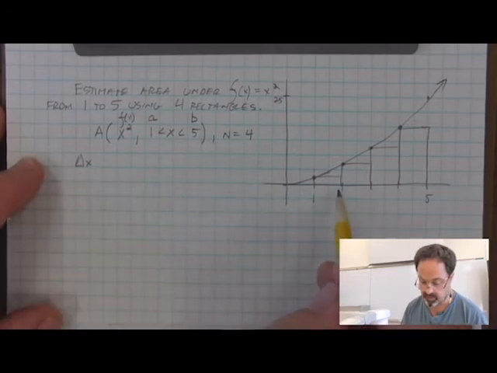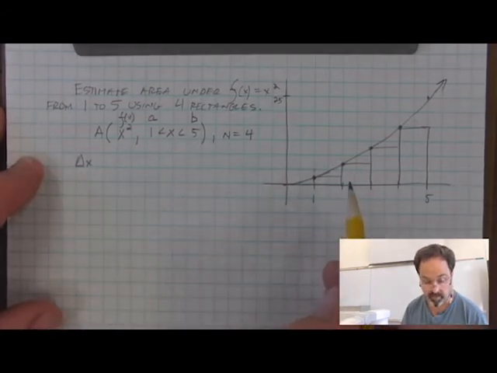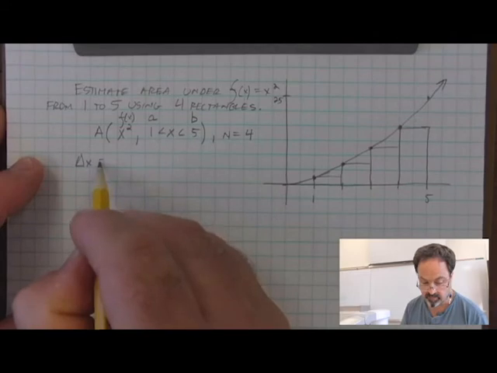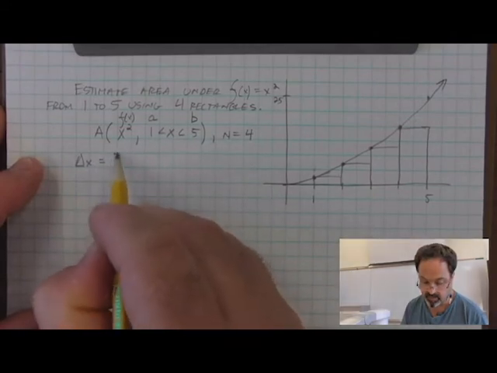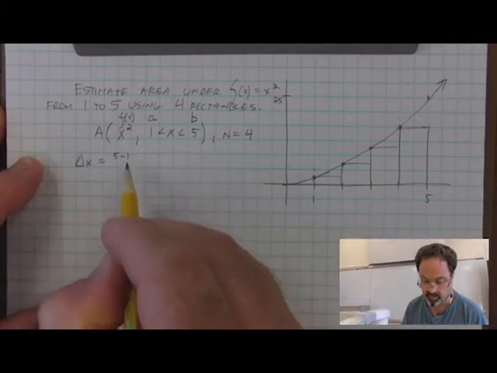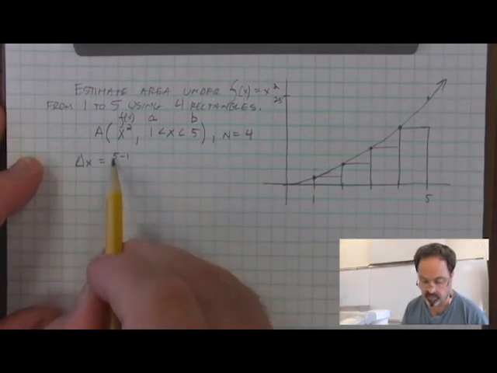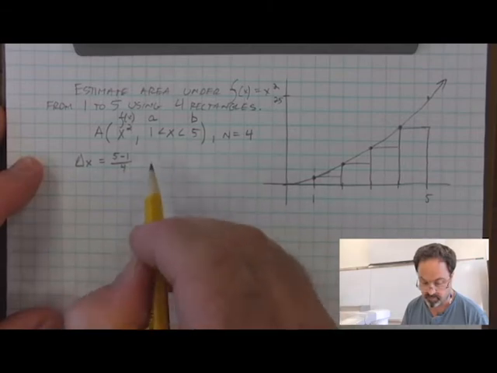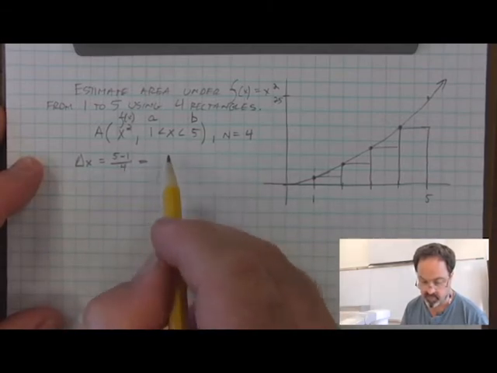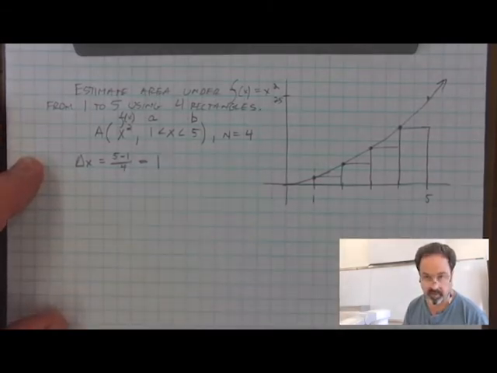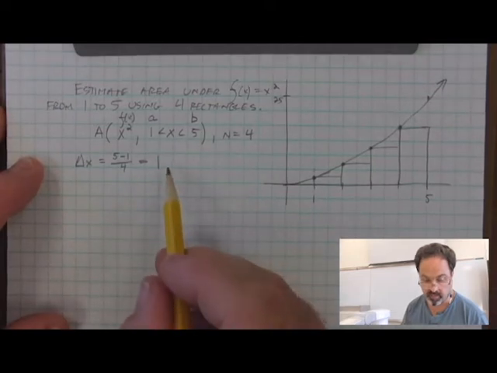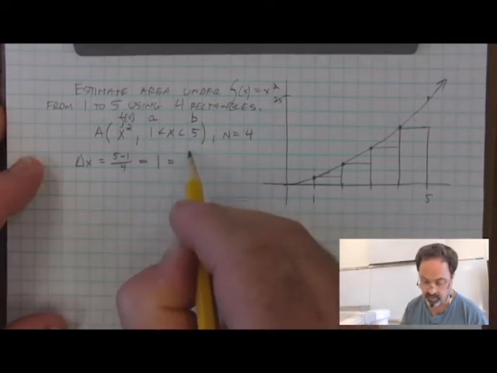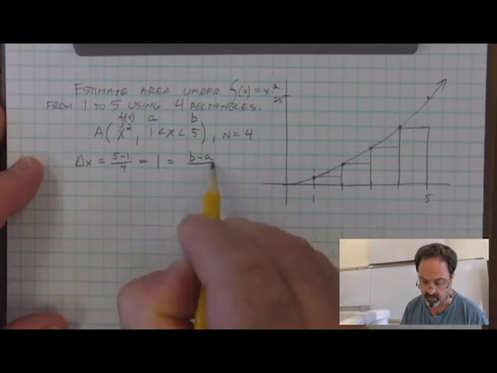Delta x, the change, can be observed to be 1, but we calculate that as the latter value in the interval minus the former value, or the endpoint minus the beginning, divided by the number of rectangles to get, in this case, 4 divided by 4 is 1. Delta x is 1 in this example. In general, that is the b value minus the a value divided by n.